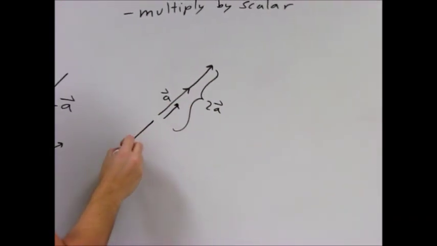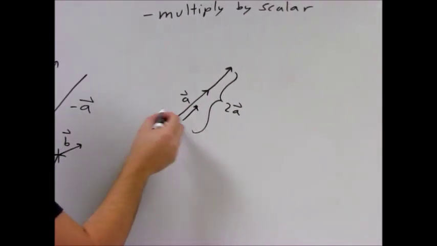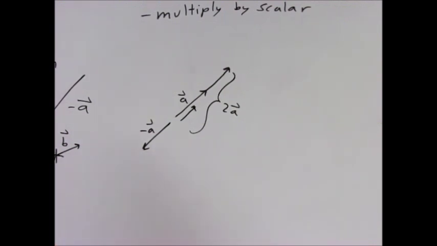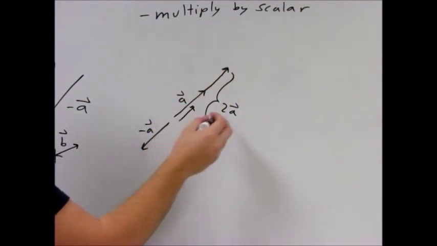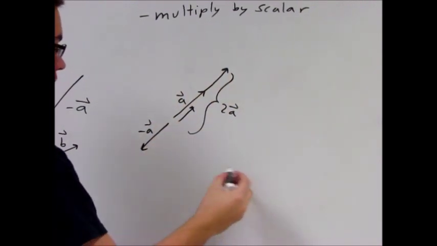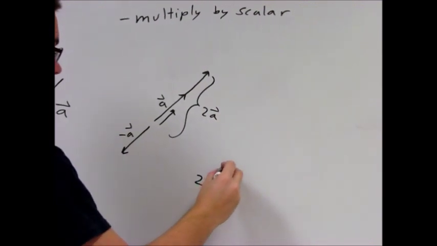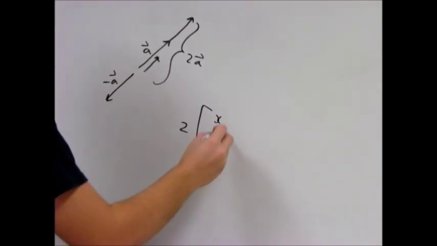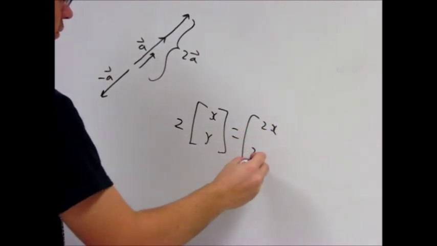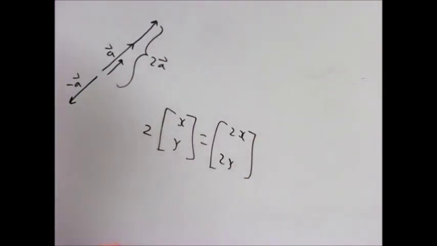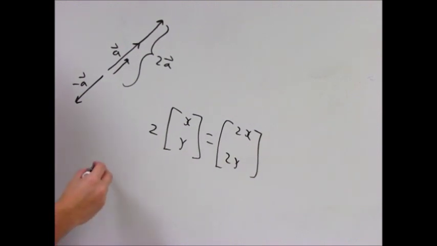And negative A, like I said before, just going in the opposite direction. And again, this makes sense when you look at the components, they just get multiplied. If you have a number like 2 times your vector xy, it's going to be 2x and 2y.